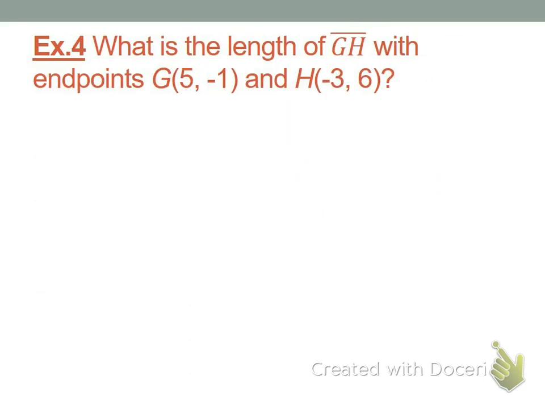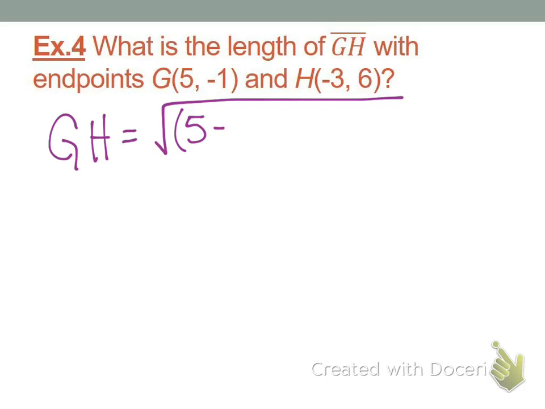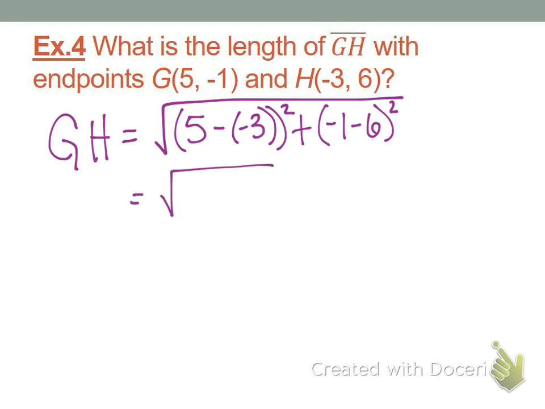All right, let's practice this again. Now we've got G and H. They did not give us a graph. We don't need one. We'll just use the formula. X minus X, 5 minus negative 3 squared, plus Y minus Y squared, negative 1 minus 6. Make sure you're being consistent about what points you start with. 5 minus negative 3 is 8 squared, plus negative 1 minus 6 is negative 7 squared.